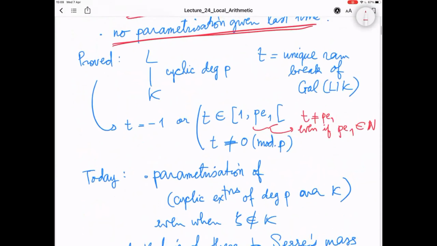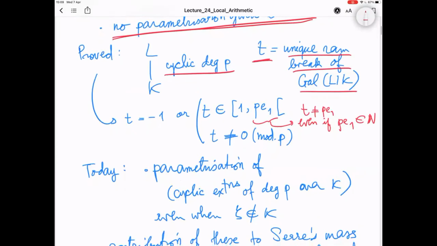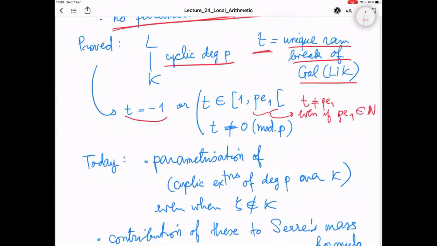But what we had proved last time was that if there is some extension which is cyclic of degree P, and if T is the unique ramification break of the Galois group, then of course T is -1 if L over K is unramified. Okay, let's say that we do know one cyclic extension of degree P, namely the unramified extension. We just know that one. But are there any others?